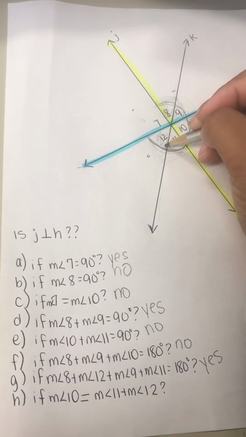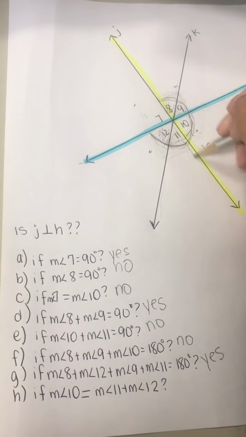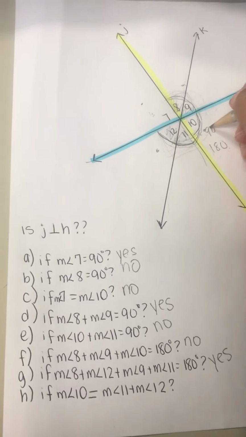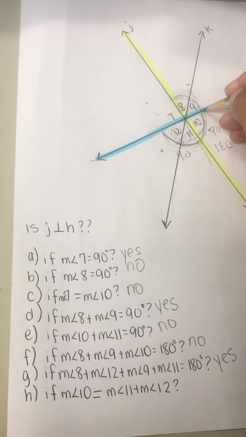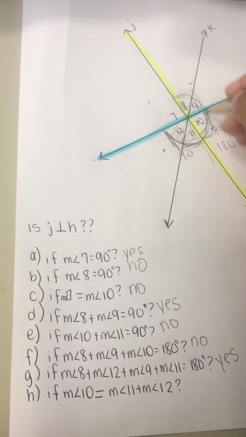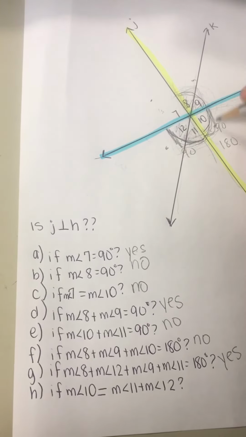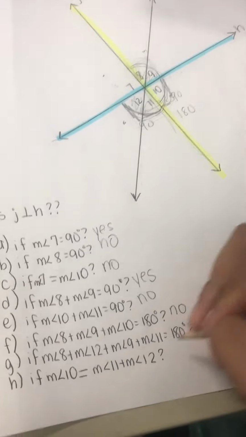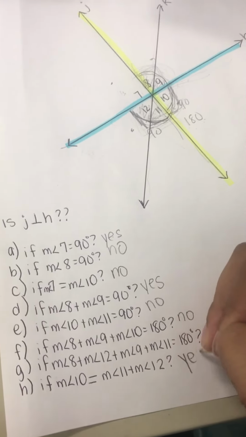If this side is equal to this side, the only way these 2 sides could be equal is if we split 180 in half, and that would be 90 and 90. Well, our goal is to have a 90-degree angle, and this would be a 90-degree angle, so as long as we have a 90-degree angle in one of our corners, it works out to be a yes.